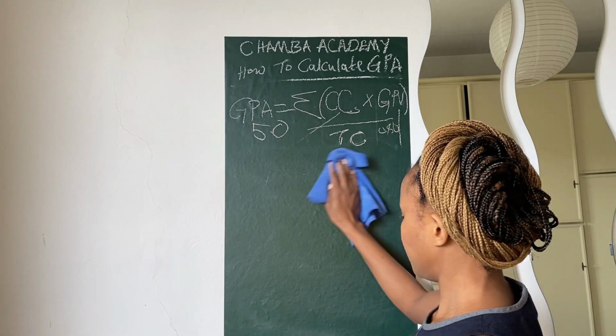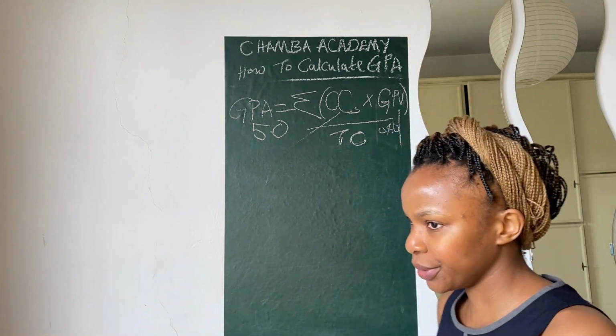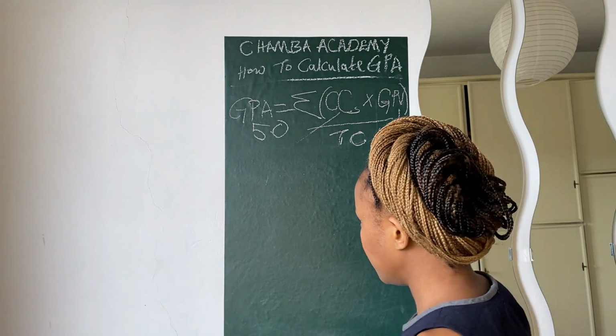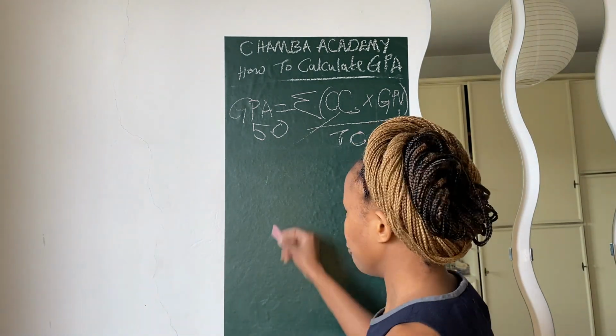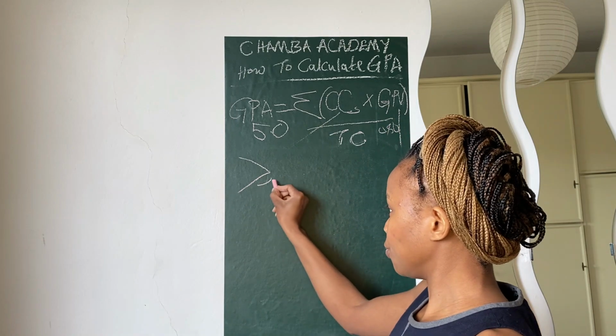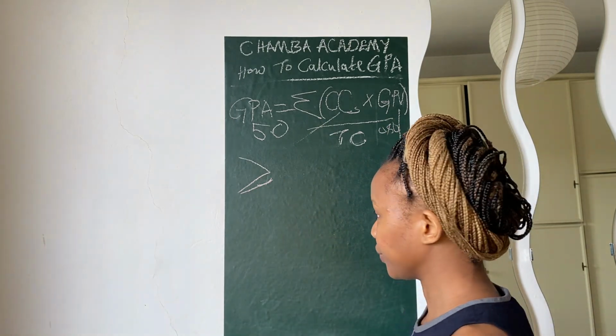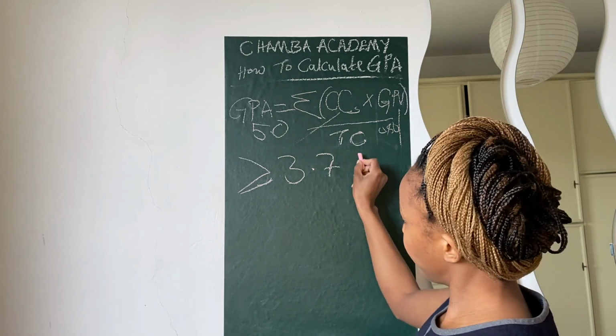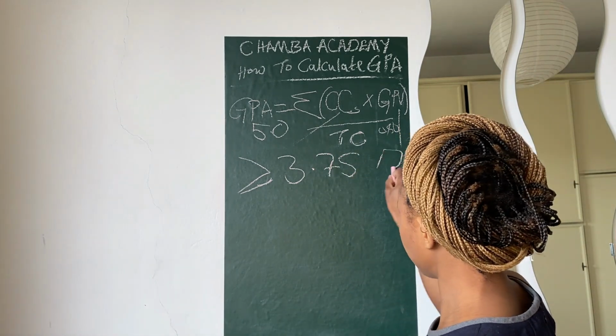3.2. Now you would wonder, what is 3.2? So if you get a GPA that is greater than or equal to 3.75, that is a distinction.